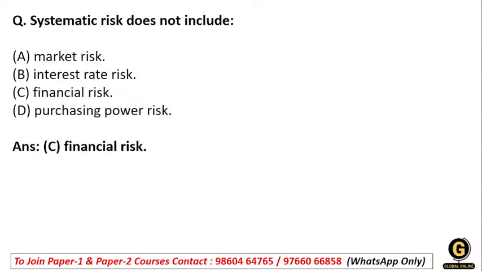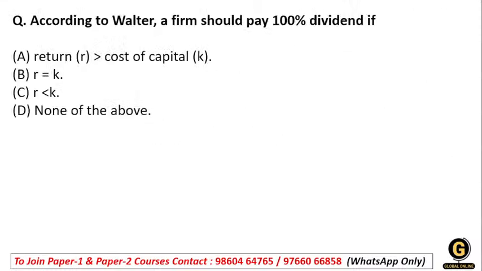Now the next one: according to the Walter model, the firm should pay 100% dividend. He said in the Walter model the company should pay 100% dividend when... So first of all, you have to understand the Walter dividend model.